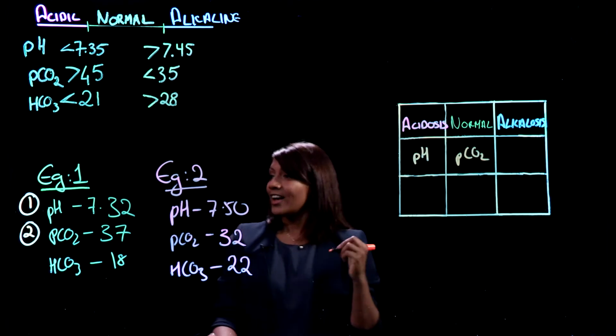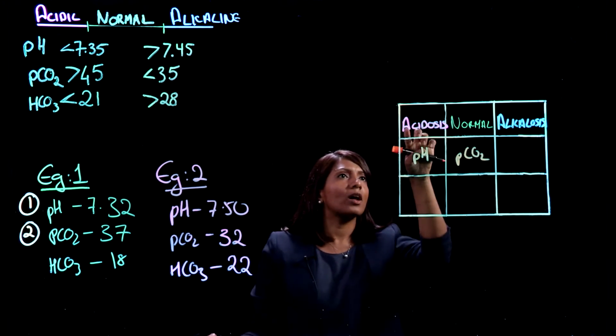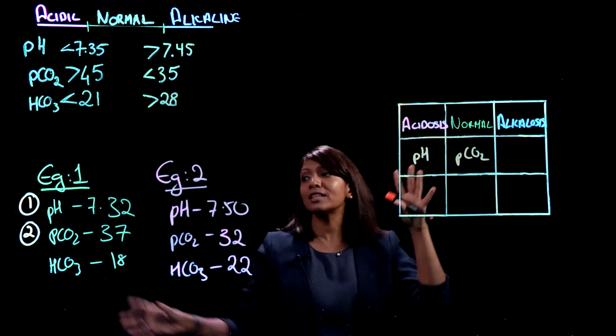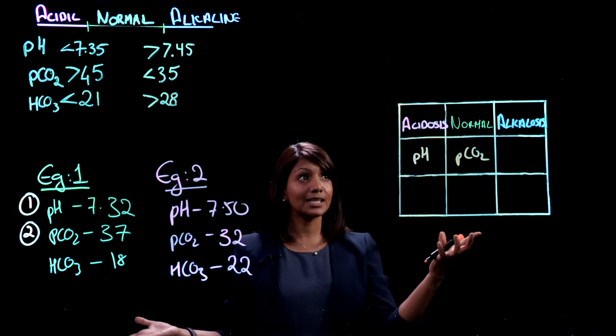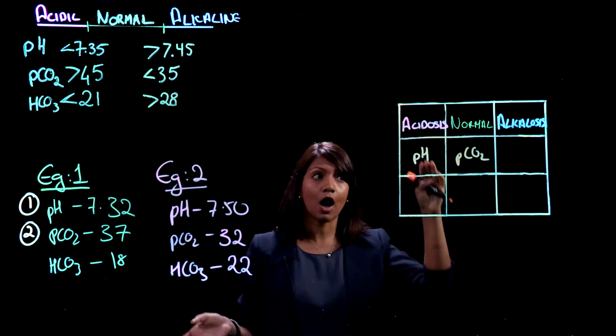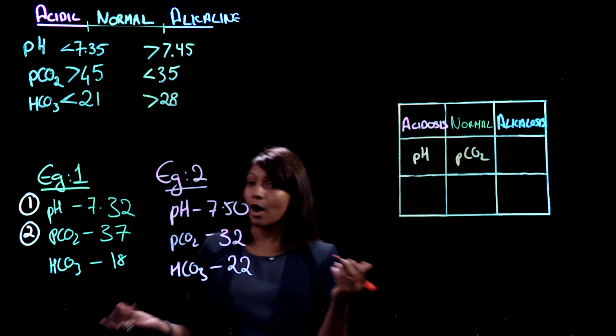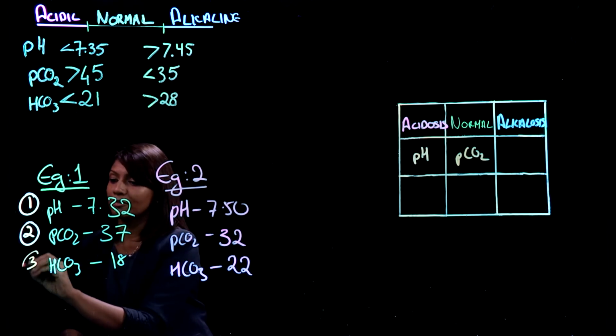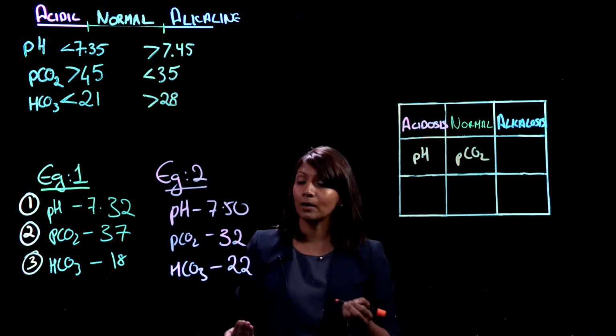Okay, so we still haven't figured out what's causing the acidosis. One of these elements also has to be acidic for the pH to be acidic. So now let's look at the final component, and that's bicarbonate.